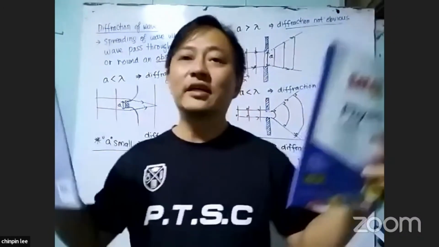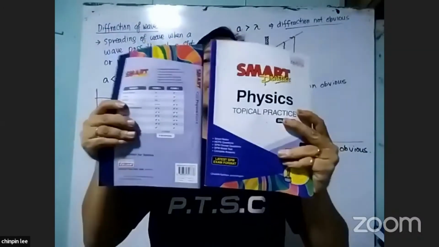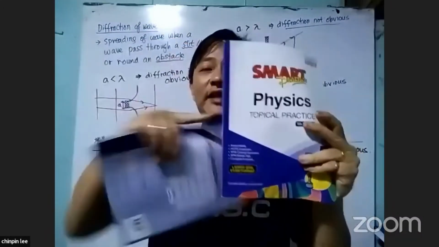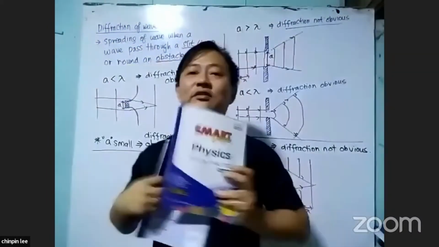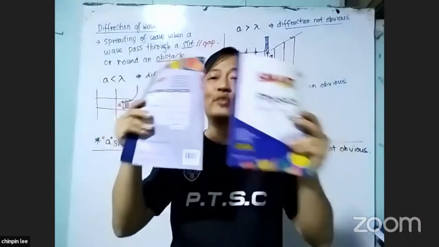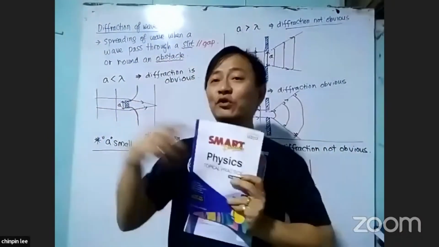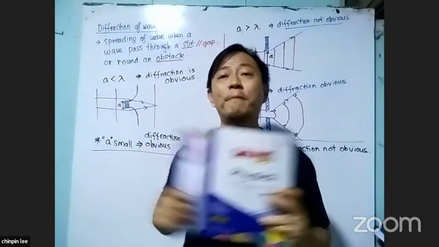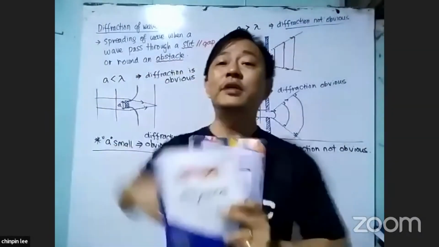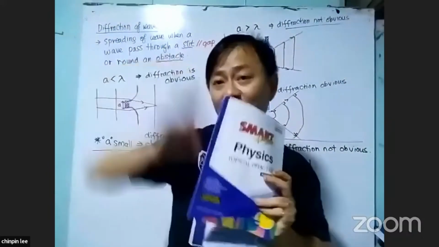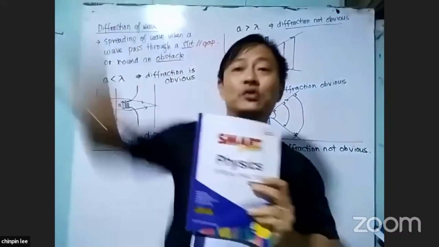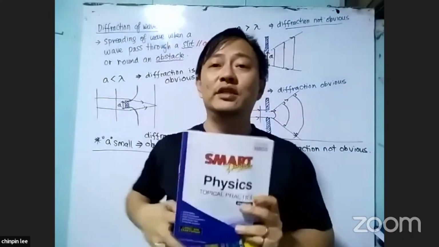Okay. Now here, when I draw here, it is a gap. If you stand in front of me, you feel the wind, yes, but very small. Why? Because the wind wave goes through the small gap here, it will spread, it will go away. So you don't really feel it.